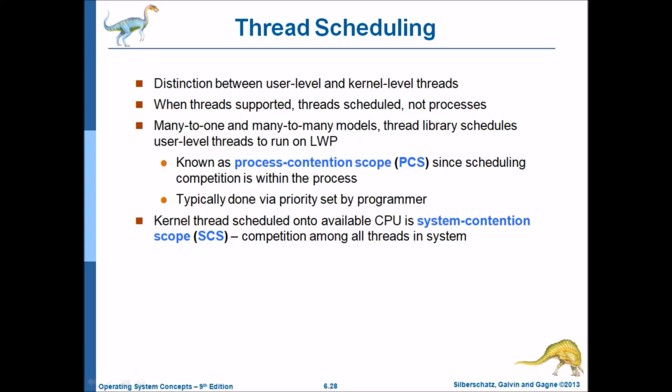And so to decide which kernel level threads to schedule onto the CPU, the kernel uses system contention scope. So the competition for the CPU with the system contention scope scheduling takes place among all threads in the system.